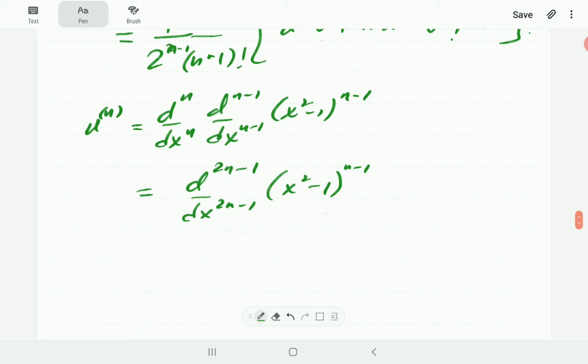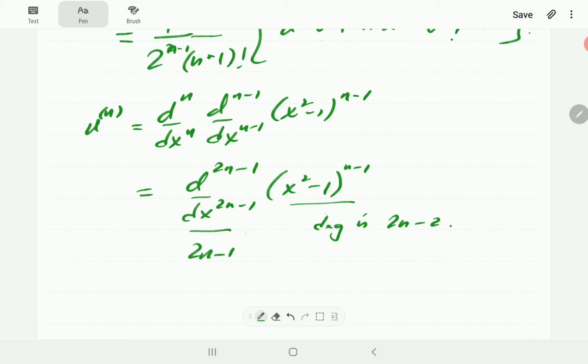Now the degree of this polynomial is going to be given by this times 2. So the degree of that polynomial is 2n minus 2. The order of differentiation here is 2n minus 1.